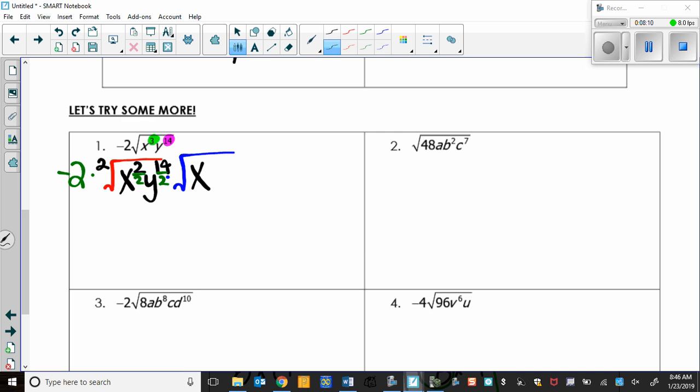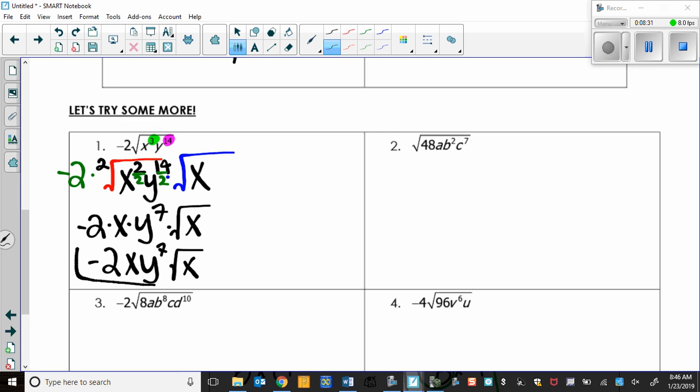So this is what I have so far: -2 times x times y to the 7th times the square root of x. This is your final answer. You can write it as -2xy to the 7th times the square root of x. Doesn't matter, as long as you know that all of this is being multiplied together.